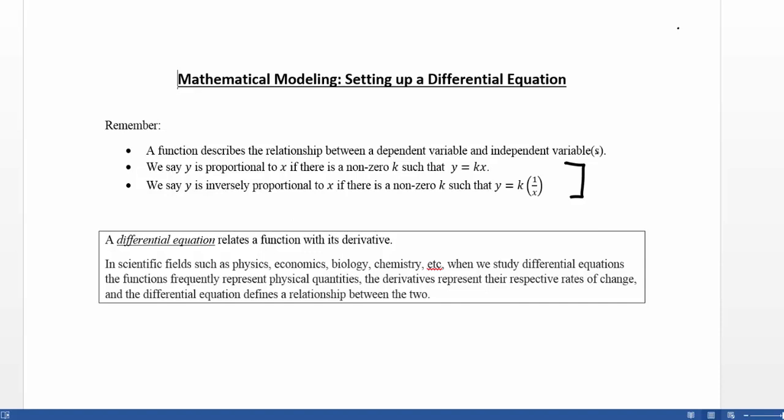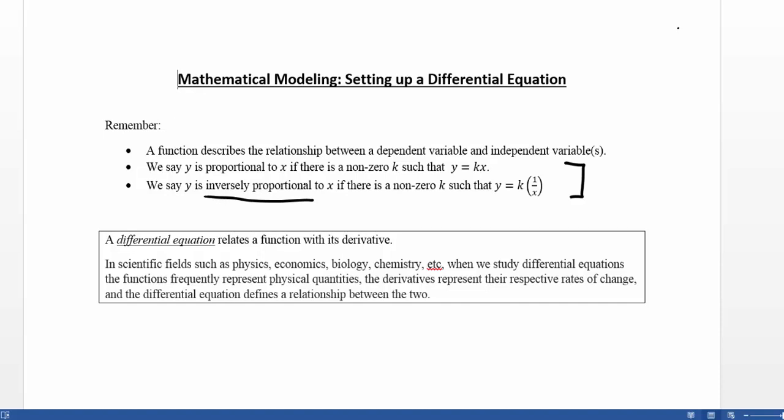We also have what's called inverse proportionality. So we say y is inversely proportional to x if there's a non-zero k such that y equals k times 1 over x. So again, the idea is that x and y are related, only now if they're inversely proportional, that means as x goes up, y goes down.